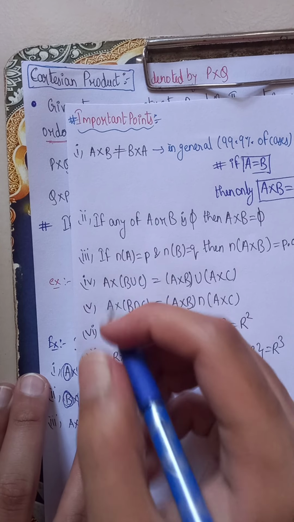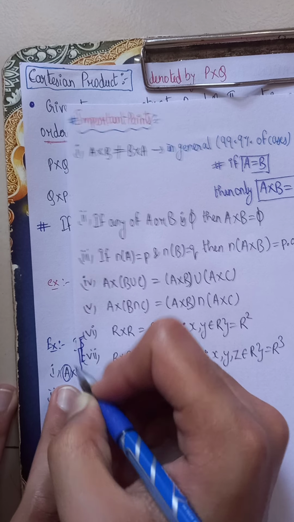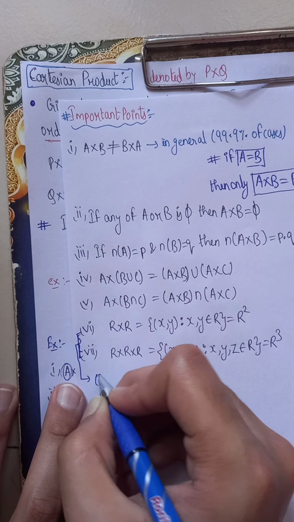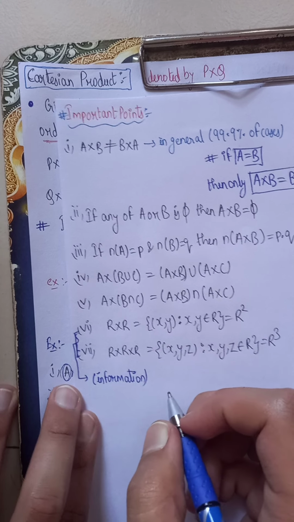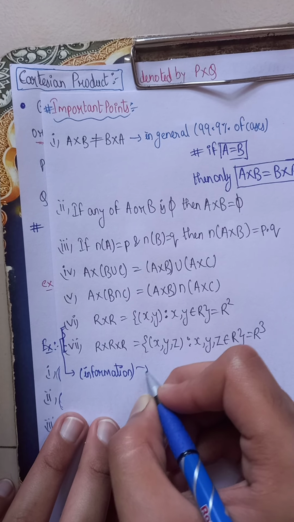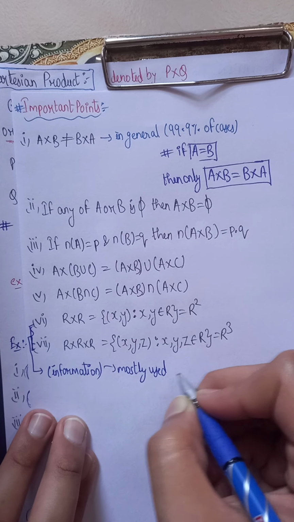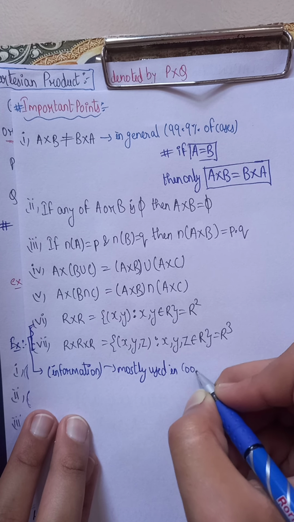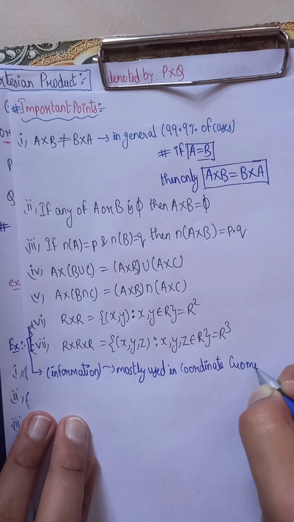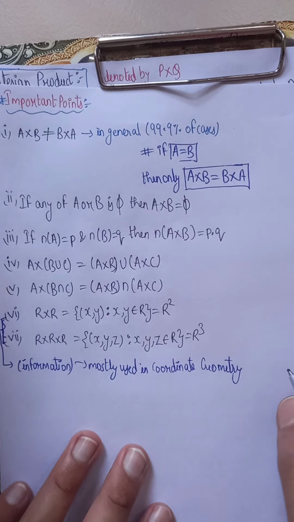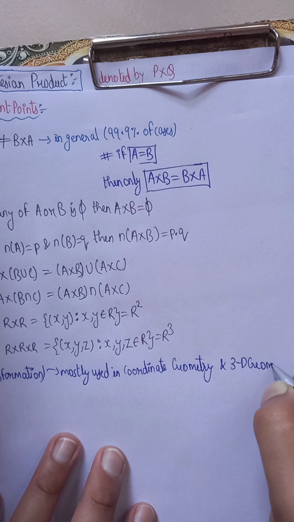These sixth and seventh points are just information. We will not be using these in this chapter, but these are mostly used in coordinate geometry and 3D geometry.